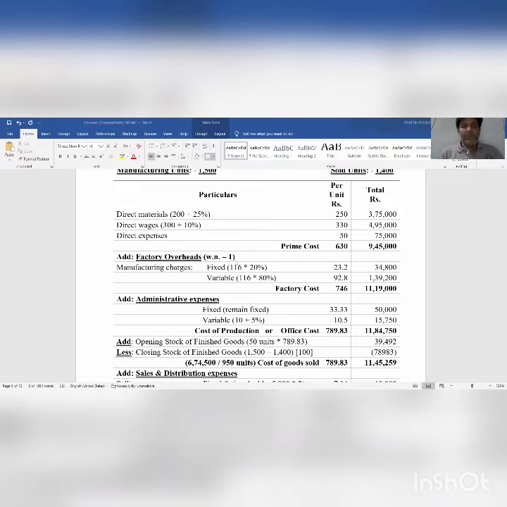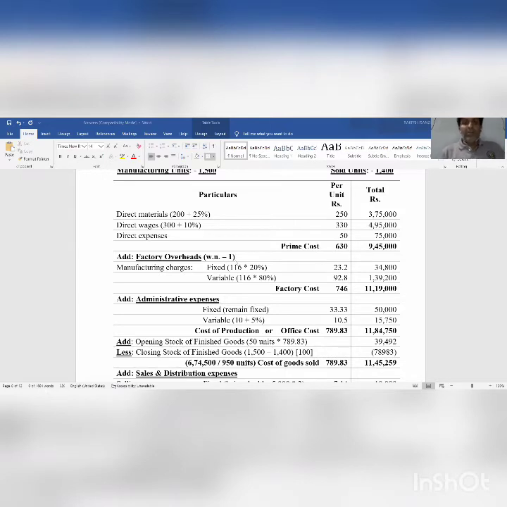But for 2017 there is an estimated 25% increase in material cost. Remember, if there is any increase or decrease in variable nature expense, it is always calculated on per unit data. In the same way, for fixed nature expense it should be calculated on the total amount.